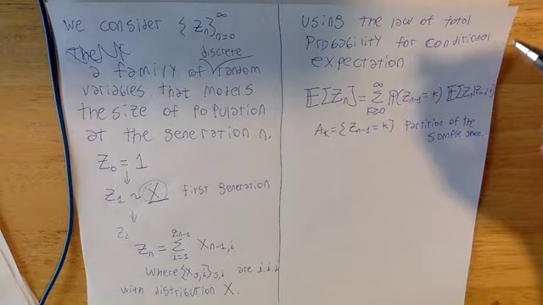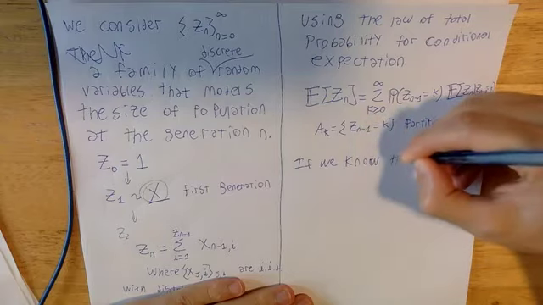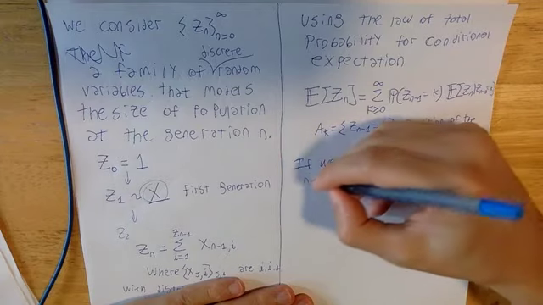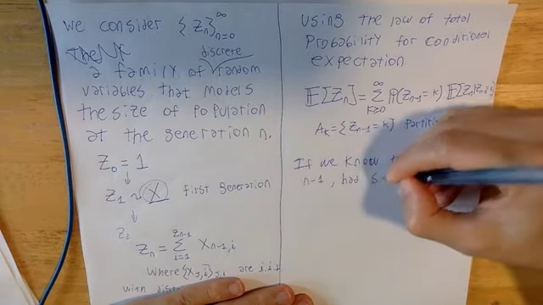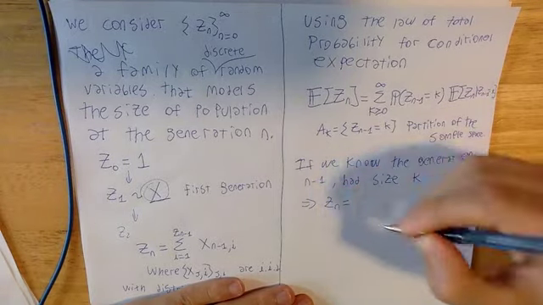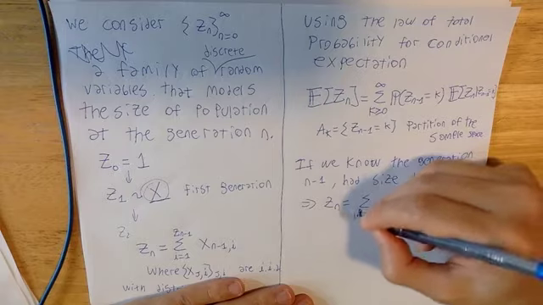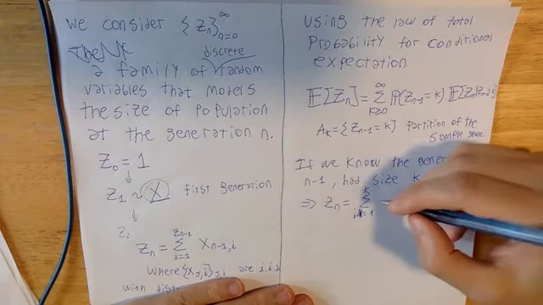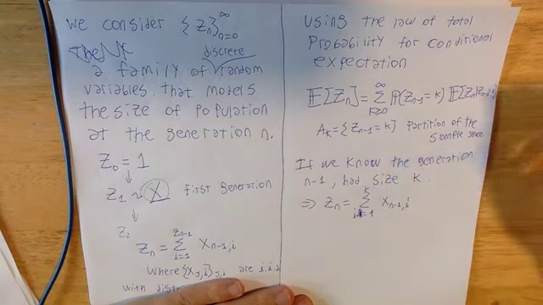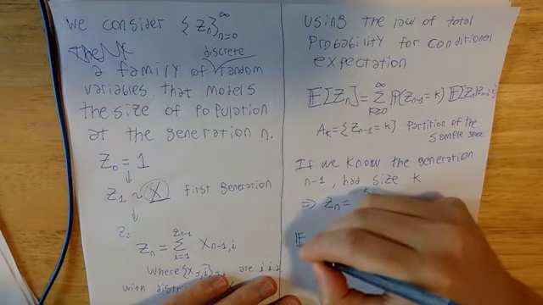So in particular, if we know the generation n minus 1 had size k, then zeta n is equal to the sum from i equals 1 up to k of X_{n-1,i}.